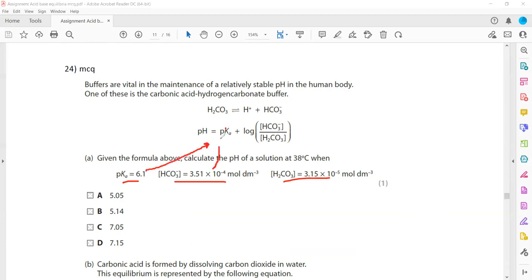The amount of hydrogen carbonate and the H2CO3 concentration we just substitute and get the final result, which is 7.15. So D will be the right answer.